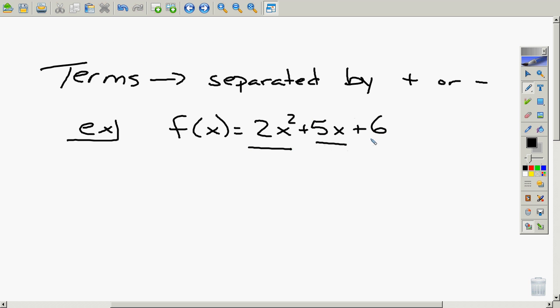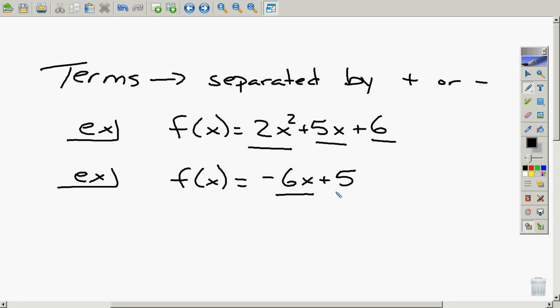There's one, and there's one. And in fact, that'd be a trinomial. This has negative 6x plus 5. That's a term, that's a term, that's a binomial. That has two terms. So terms are separated by a plus or minus.